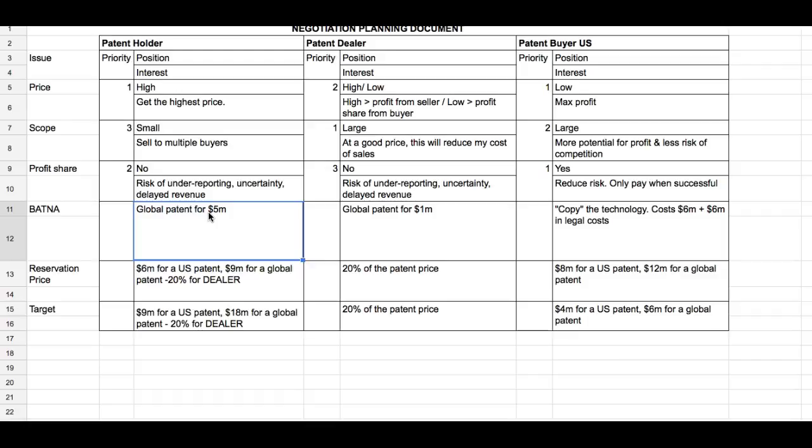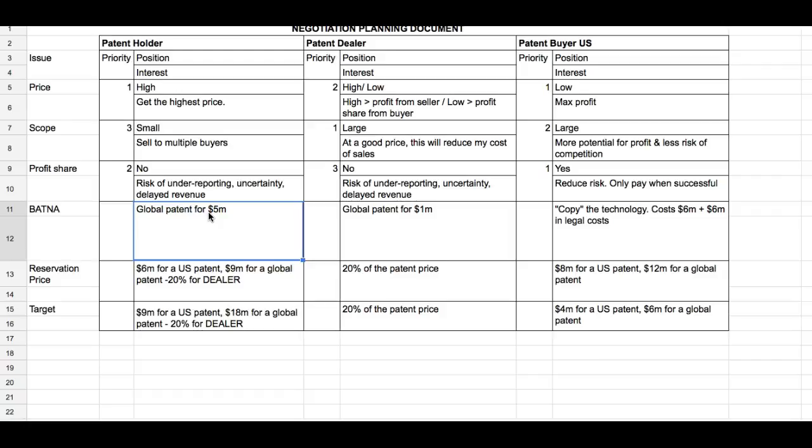So he has a different buyer who, in exchange for exclusive rights globally, he can sell it to that company for $5 million. And it's actually the same patent dealer who will get a 1 million reward for that deal.